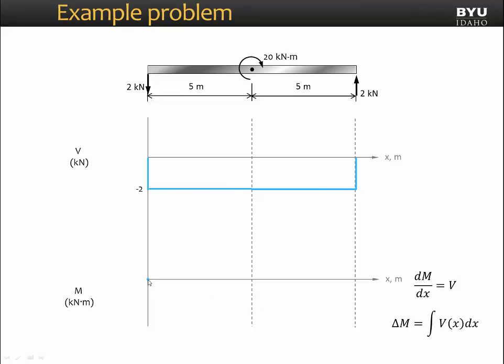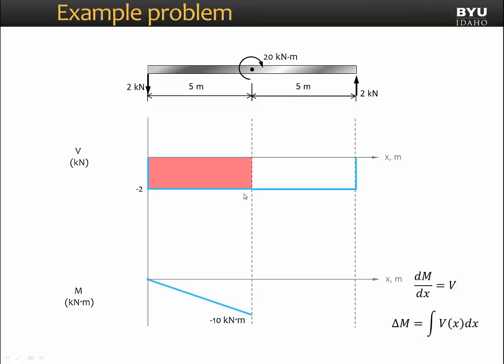That means our slope on our moment diagram will always be in the negative direction. Because we have a roller support at the right end of the beam, we know we are going to end with a moment of 0. So we're going to start at 0, end at 0, but we have a negative slope always in between. Let's see what this is going to look like.